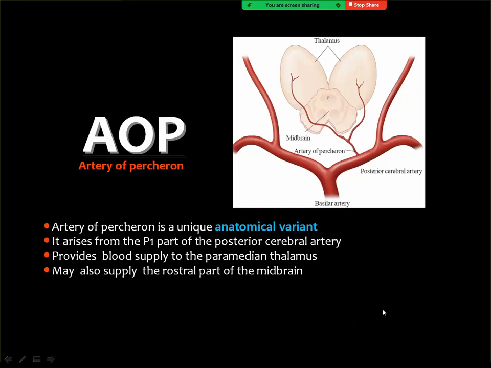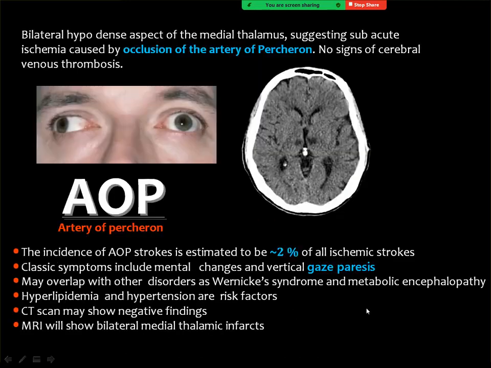This artery is an anatomic variant arising from the posterior cerebral artery, and it usually supplies the thalamic region and also may be part of the midbrain. Then, if this artery is occluded for many reasons, you get these two infarcted areas on either side of the third ventricle in the region of the thalamus.